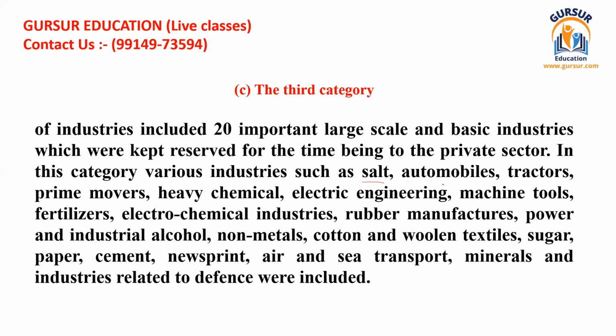First was salt, then automobiles, tractors, prime movers, heavy chemicals, electric engineering, machine tools, fertilizers, electrochemical industries, rubber manufacturing, power and industrial alcohol, cement, paper, sugar, newspaper, air and sea transport, minerals. I have taken the names of around 15 industries. So 20 were left for the private sector for the first time.